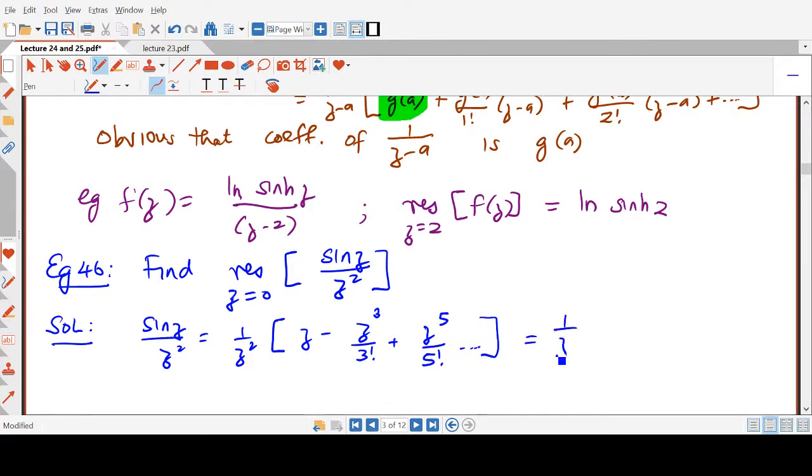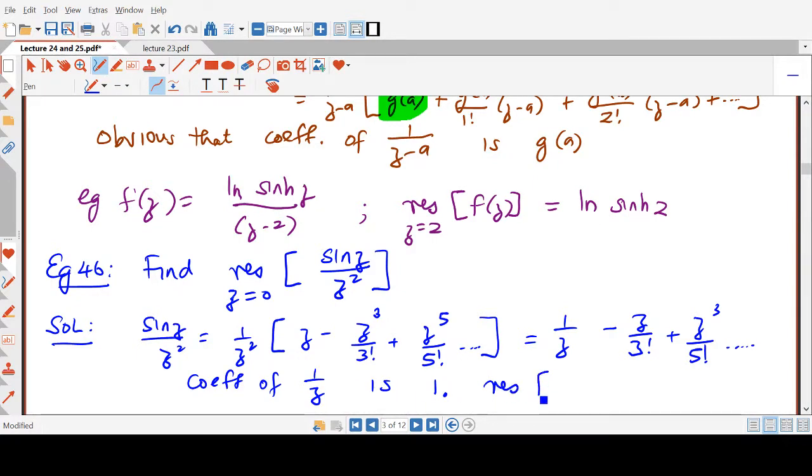That's 1 over z, multiplying it into the bracket, minus z over 3 factorial plus z to the 3 over 5 factorial, and so on. So the coefficient of 1 over z is 1. That means the residue of sine z over z squared at z equals naught is 1.